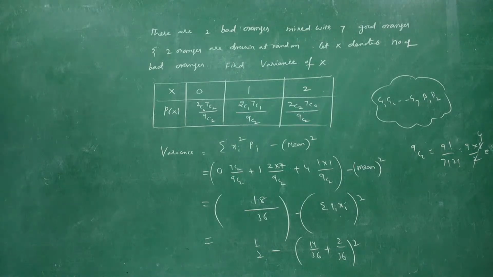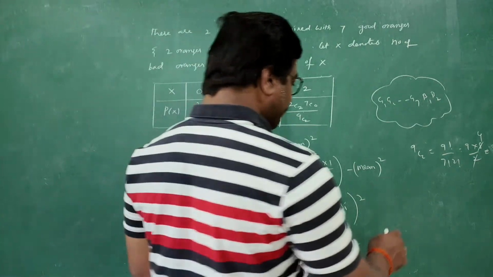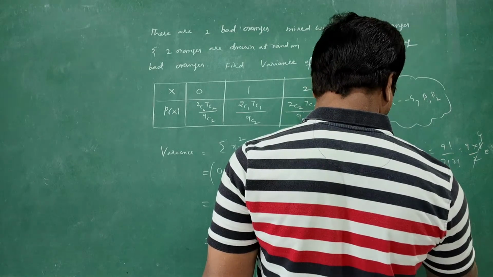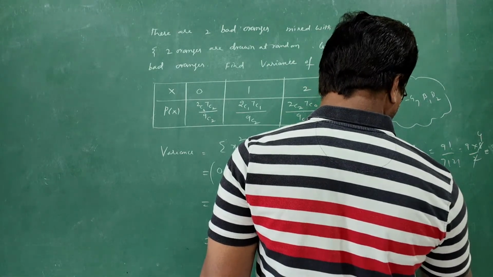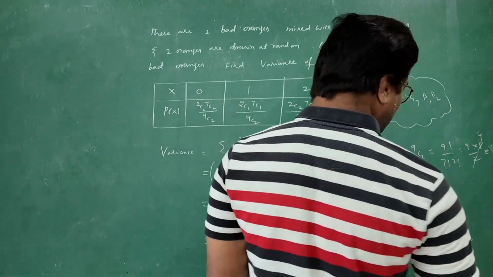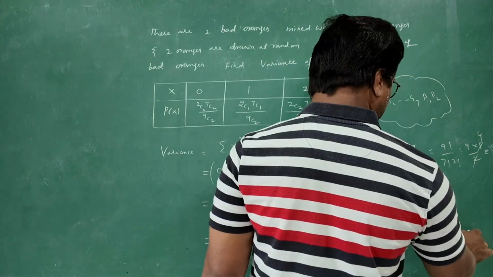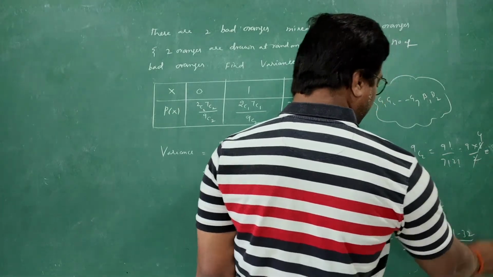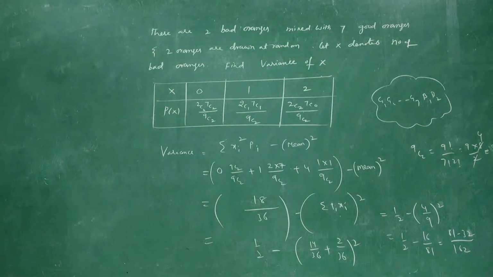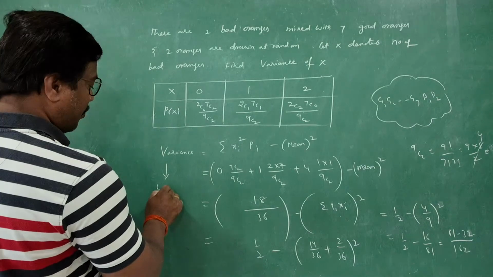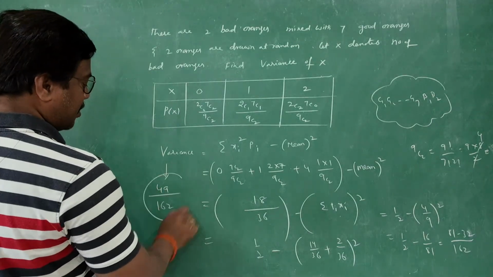What is 16 by 36 value? 81 into 2, 162. 81 minus 32, 49. So 49 divided by 162 is the answer. So that variance becomes 49 divided by 162.